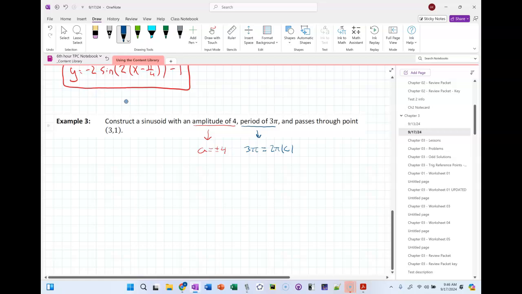What do I need to do to both sides to solve this equation for c? Divide by 2 pi. So when I do that, the pi's cancel.